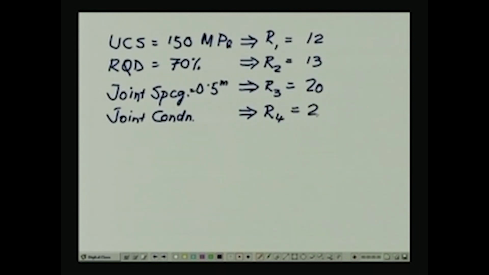of 20. You should notice, if you have already dug out your last day's notes, that this value of R4 is just a little bit lower than the best joint condition which was tabulated in the previous day's lesson. That number was 25, but the joint condition in this case was slightly poorer in comparison.